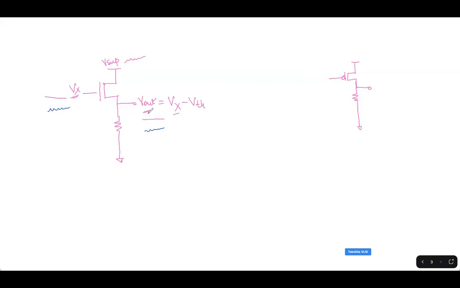I'll just represent that. VSUP has noise. What is the output current? The output is nothing but IR.